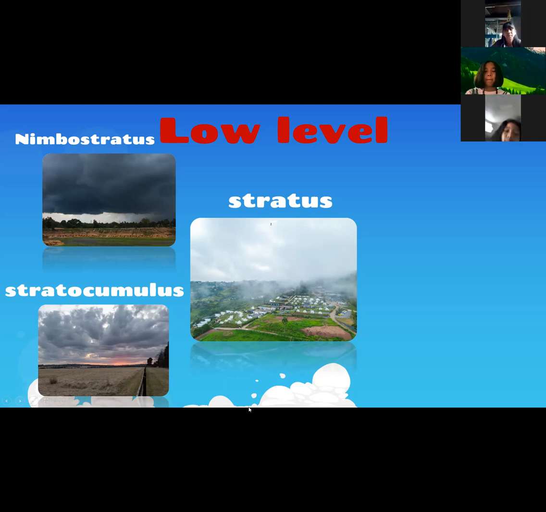Kwan Kao, what is blanket in Thai? Okay, so stratus, look at this. The stratus are blankets of clouds that sit low to the ground, and on occasion sometimes come in contact with the ground, better known as fog.